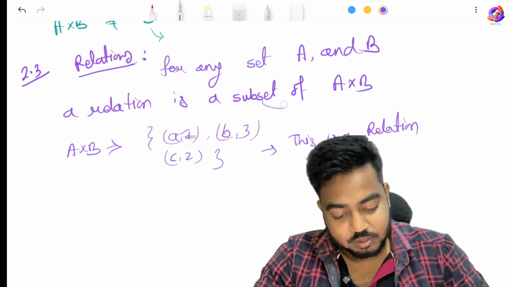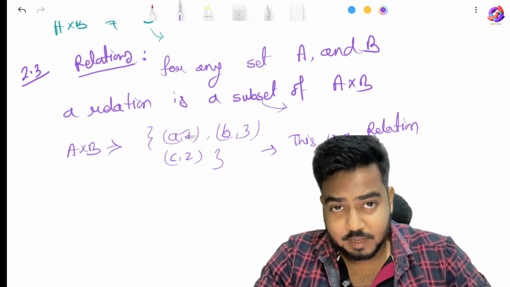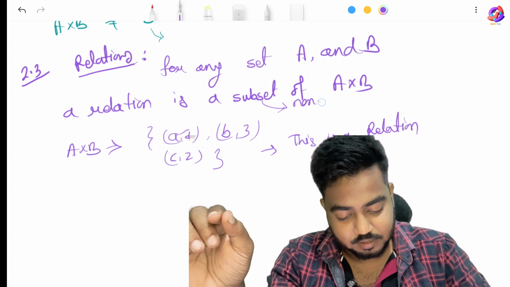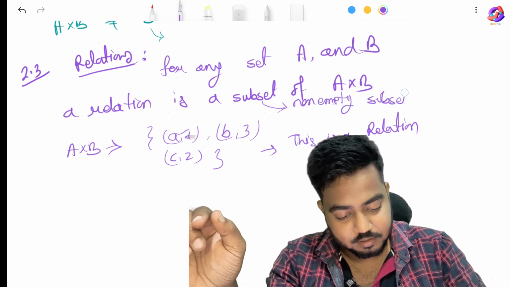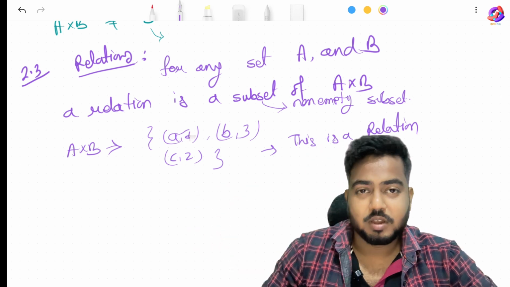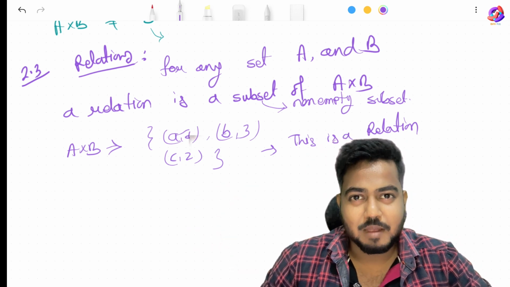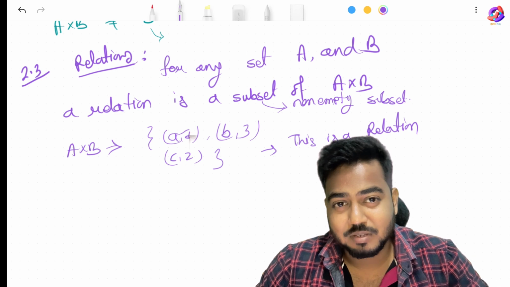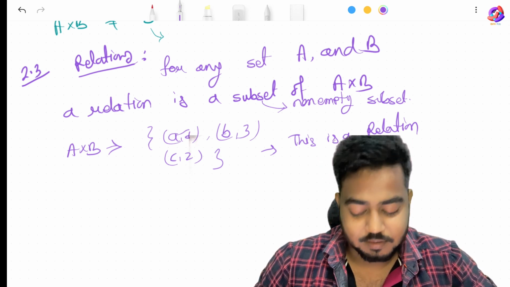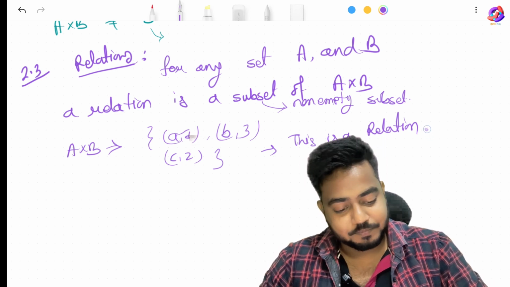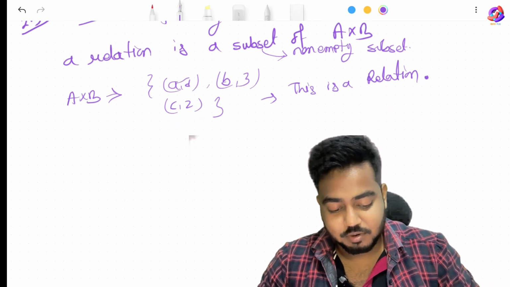Here any subset means any non-empty subset. Why non-empty? The empty set is a subset of anything, but we are not considering that one here. So that's pretty much about relations.